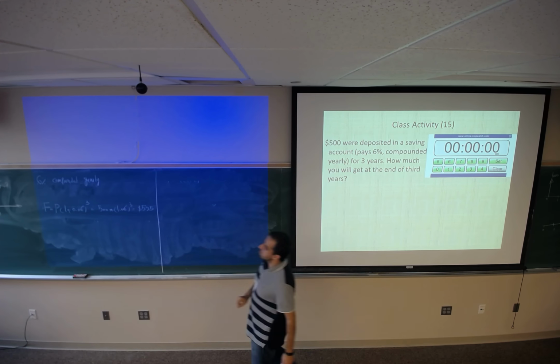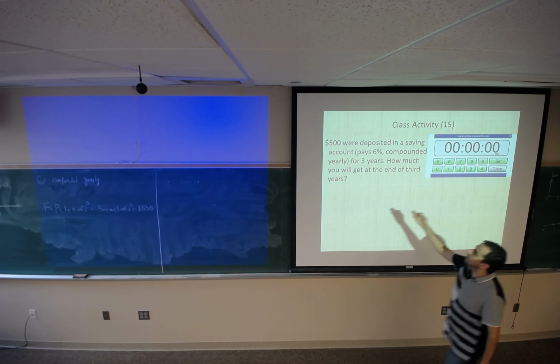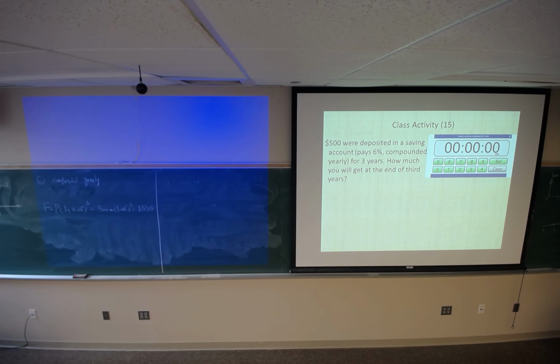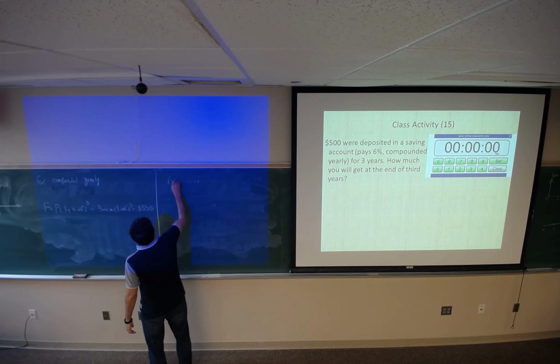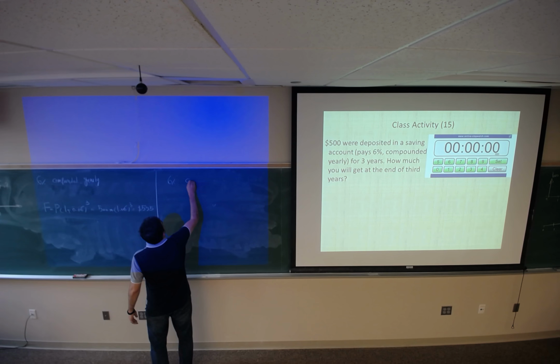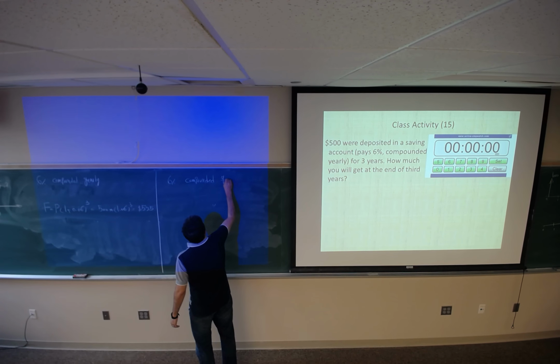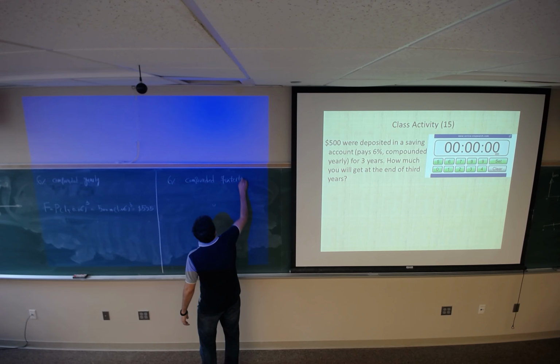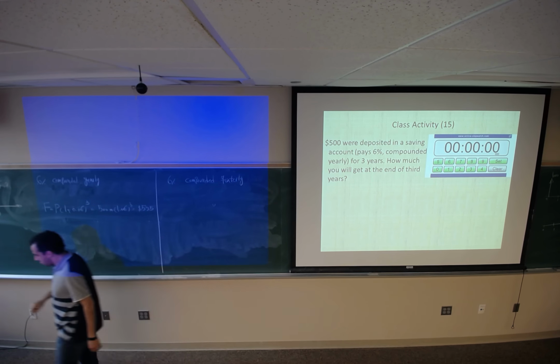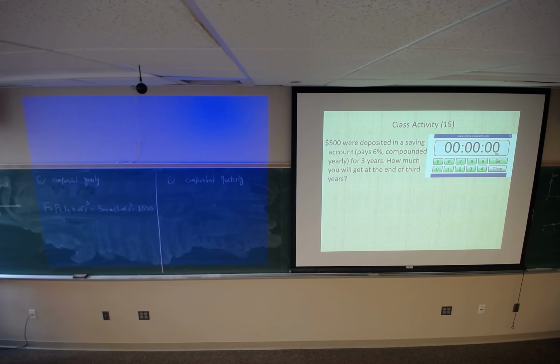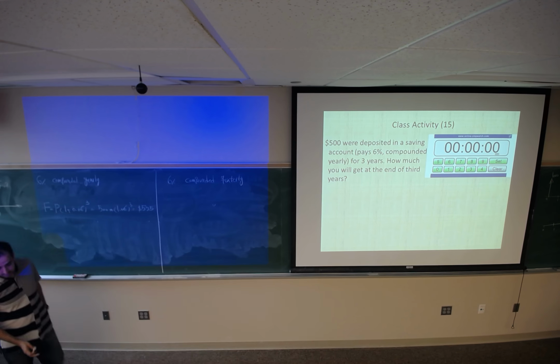So next time the bank says, I'm still paying you 6% per year, but it's compounded not yearly, but quarterly. Every season, I will calculate the interest. This is the meaning of compounding quarterly.